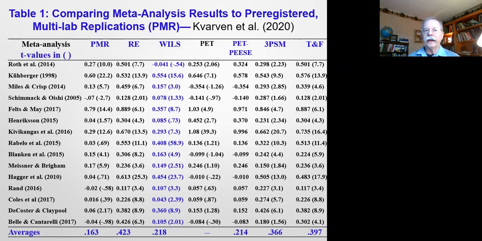What we want to do next is compare WILS to all cases which we can find where we know what the true population mean is. There are basically 2 situations where we know the true population mean. Besides simulations, where you control the true population mean, we have large-scale pre-registered multi-lab replications.